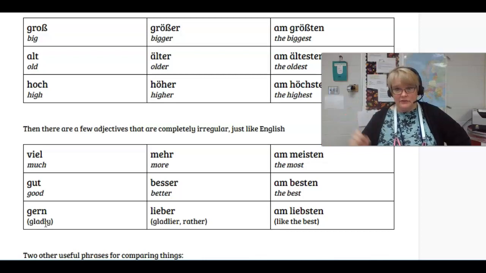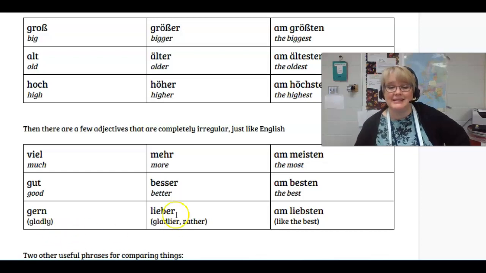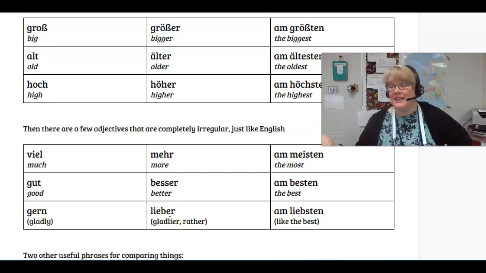The comparative form, I gladlier do that. Lieber, not gerner, lieber, okay? Gern und dann lieber. I do that gladlier. Or a better English translation is I'd rather do that. I'd rather do this than that. But it's not a verb, so you've got to be careful with it.